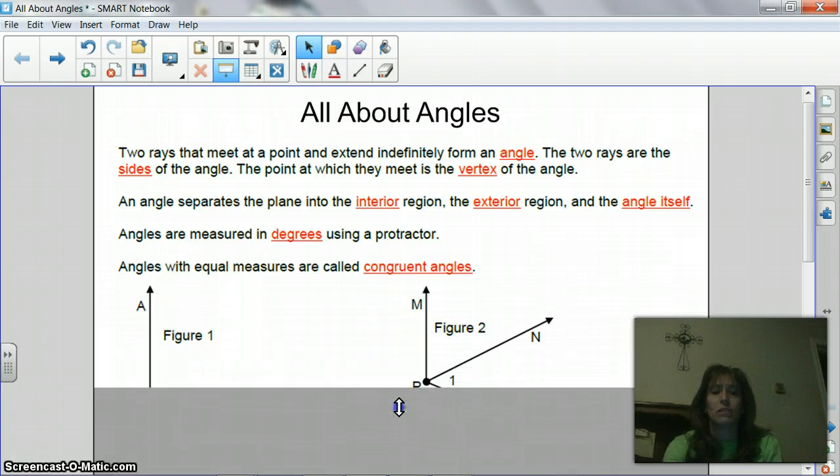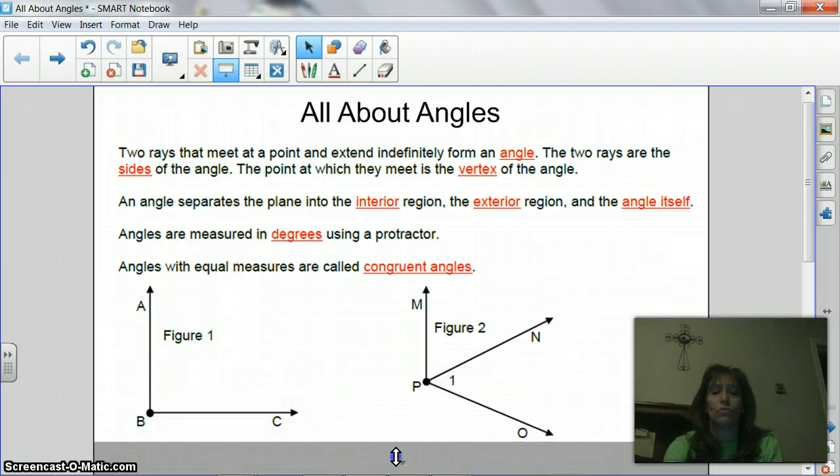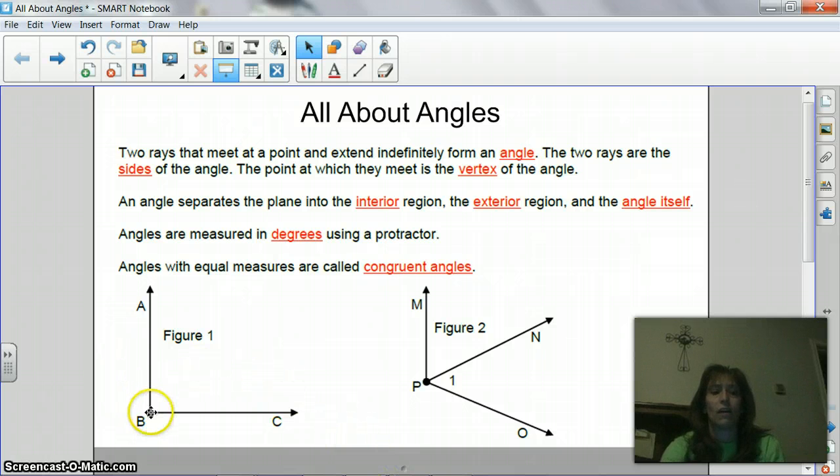Okay, so here's some examples of those things that we've just talked about. First of all, I have a ray going up, a ray going to the right. Where those two meet is point B, and that's actually my vertex, okay? And over on this side, I have angle P, but angle P actually forms two different angles.